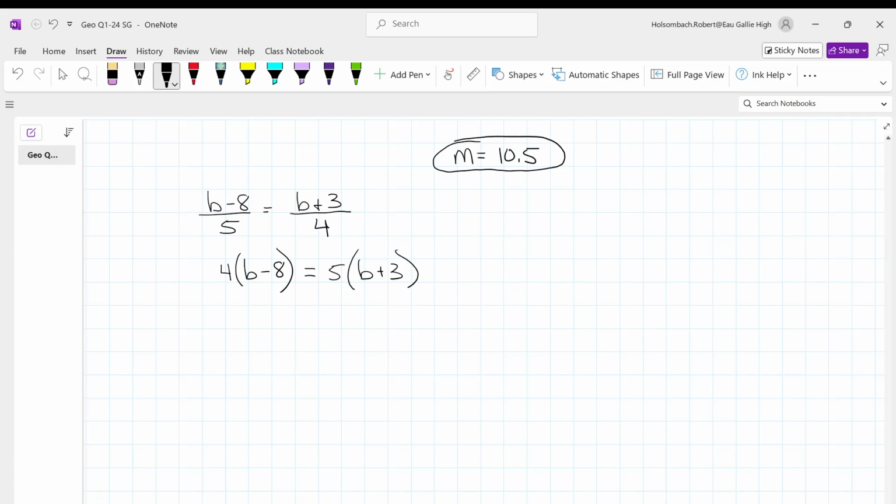So you're kind of taking it out of proportion form and you're just setting it up into an equation with variables on both sides. So now you've got distributive property twice. On the left-hand side, we're going to have 4b minus 32 equal to 5b plus 15. Subtract 4b from each side.